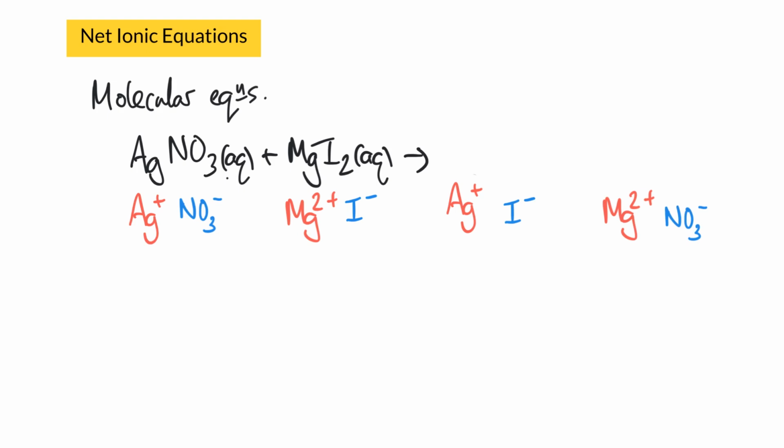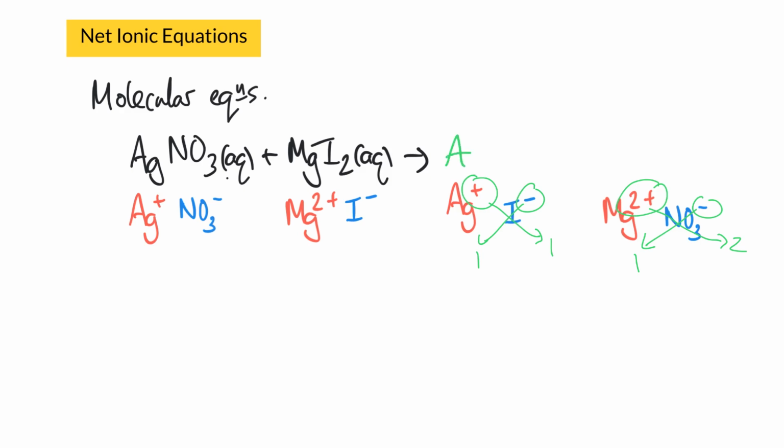Remember, the way we write the formulas is we basically take the charge down to the other side and ignore the plus and the minus. And of course, 1 to 1, we basically just ignore. In this case, though, we've got 2 nitrates and we've got 1 magnesium. So we have to be a little more careful there, don't we? So let's write the formulas above.